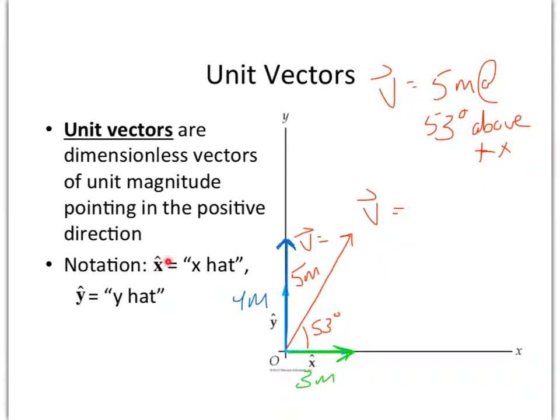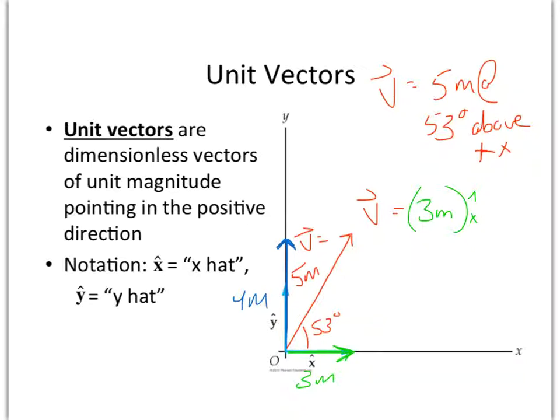That just simply means that it has that value in that direction. So for vector v, we would write it in unit vector notation as 3 meters x hat, and then we put a plus sign.